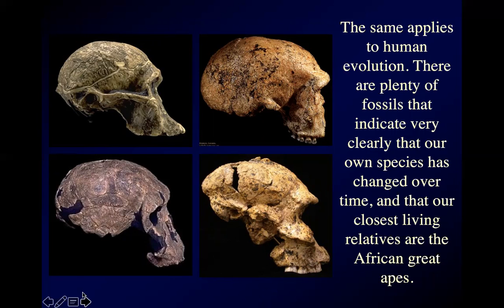Now that I think about it, there's none from Namibia that I know of, but the one at the top left was found in South Africa. The other 3 have been found in East Africa. They're all similar to us in critical ways. And they also indicate that our closest living relatives are the African great apes.